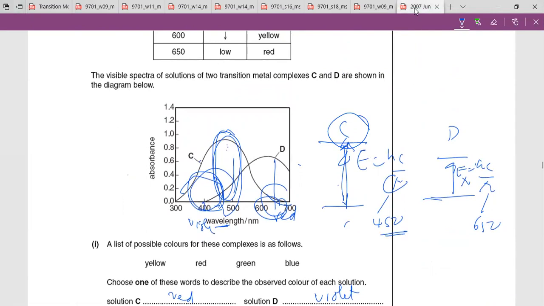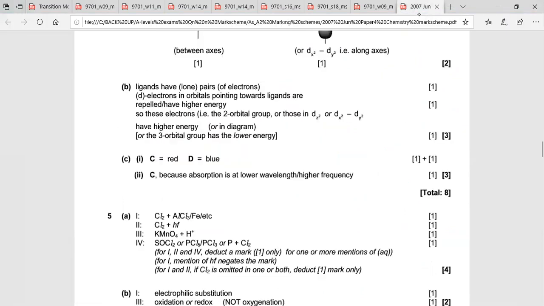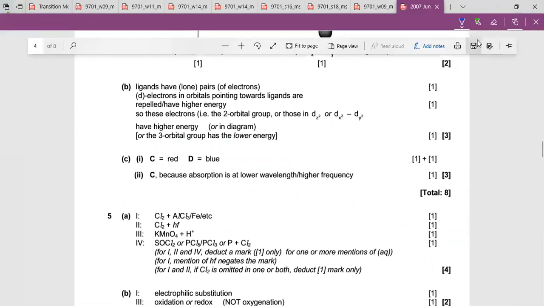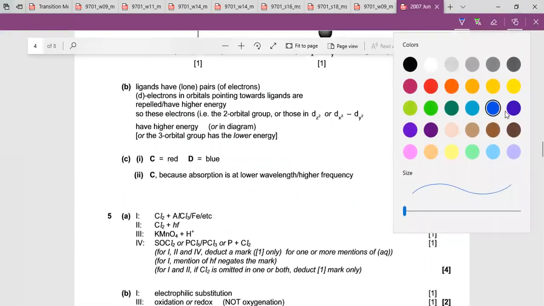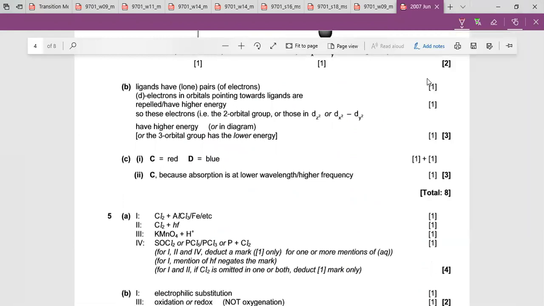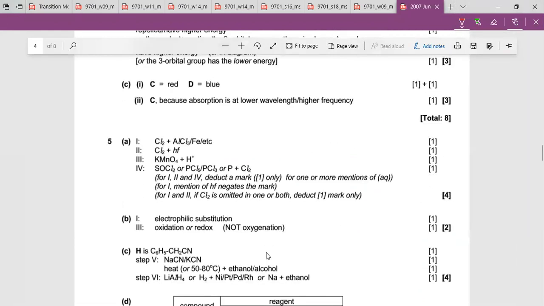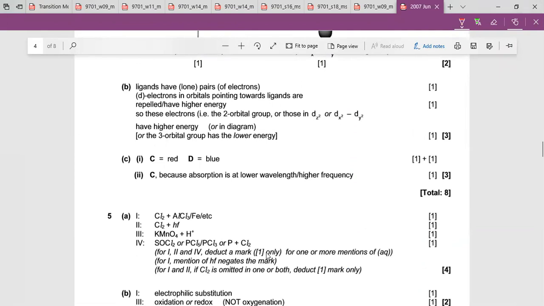Okay, lower wavelength. So we have finished on color already.